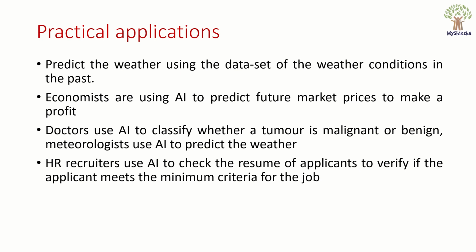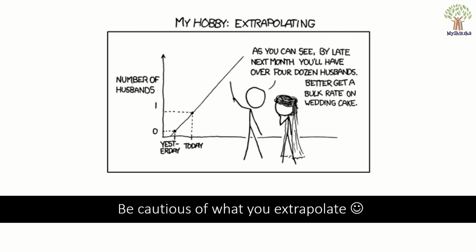HR recruiters use AI to check the resumes of applicants to verify if the applicant meets the minimum criteria for the job. Again, it's all about pattern recognition. Are you able to identify the pattern of the data from the past? What is the insight that you are deriving from it? And can that insight help you to predict the future?